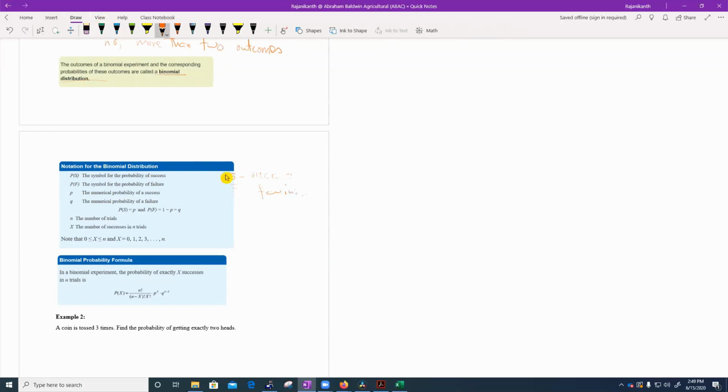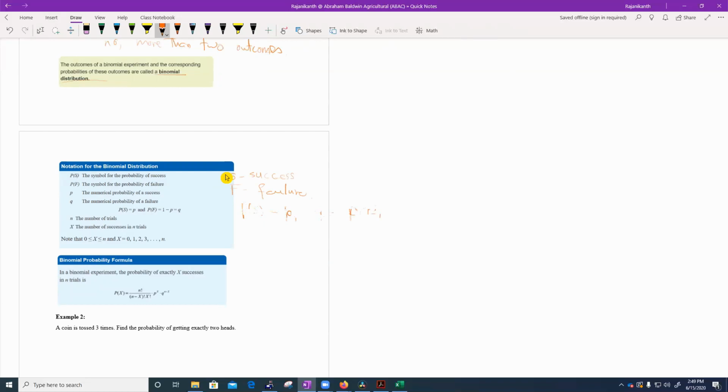So P of S means the probability of success of that possible outcome. This is the probability of failure. So little p is the numerical probability of success. Okay. So in other words, P of S is nothing but little p. Similarly, little q stands for the probability of failure.